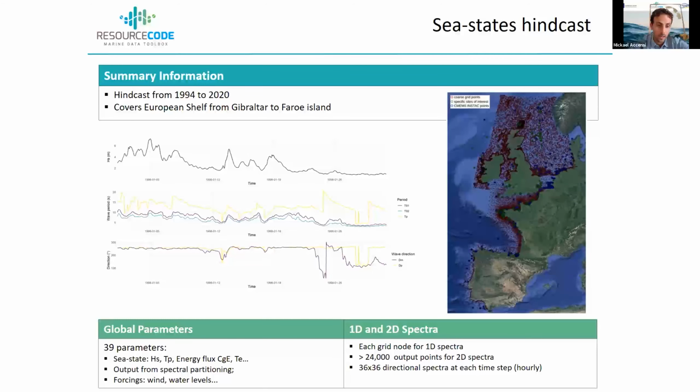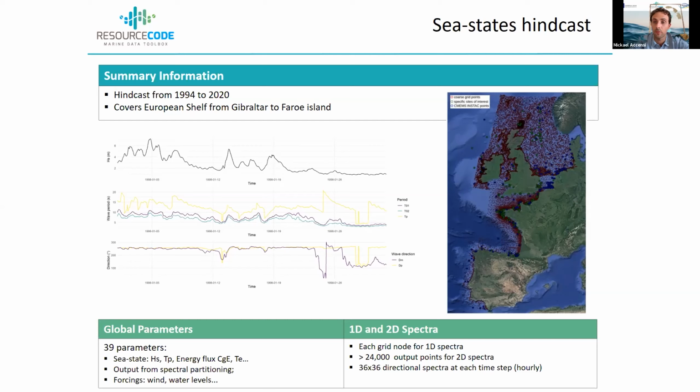And so for the model output, here we are outputting up to 39 parameters to fully describe the sea states. It includes all the classical ones, like the significant wave height, peak period, the energy fluxes, and many more.